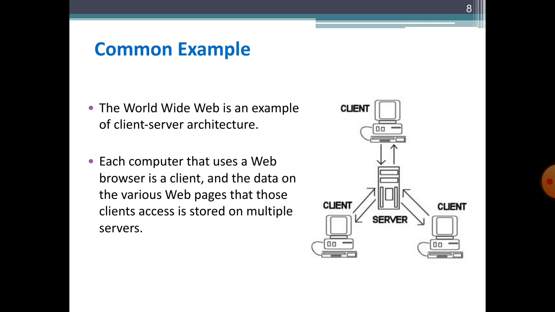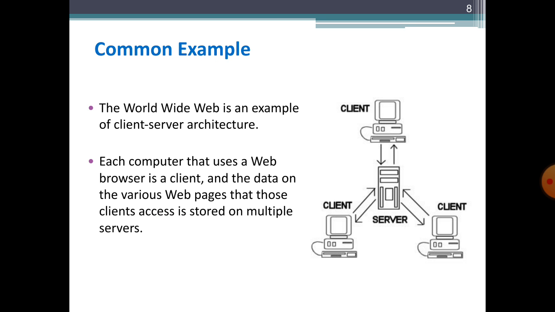Each computer that uses a web browser is a client, like when you use Google Chrome or Internet Explorer. Any kind of search you put into the Google search engine, and the data on the various web pages that those clients access is stored on multiple servers.